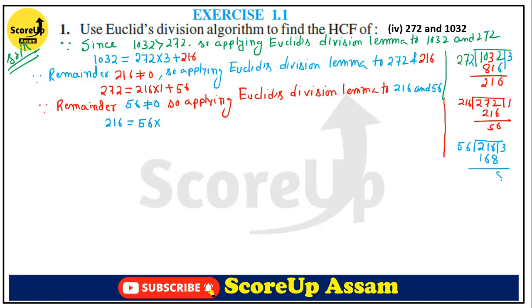Now here it is 8 and here it will be 4, right? 48. That means 56 into 3 plus 48. Now again the remainder is not 0. Remainder 48 is not equal to 0.